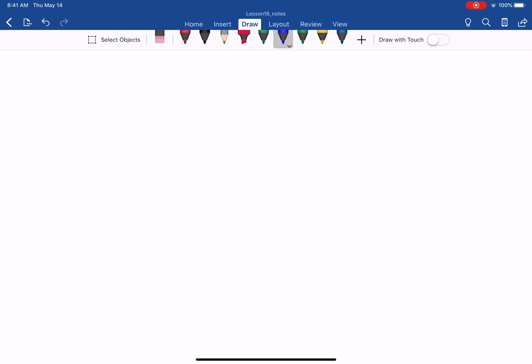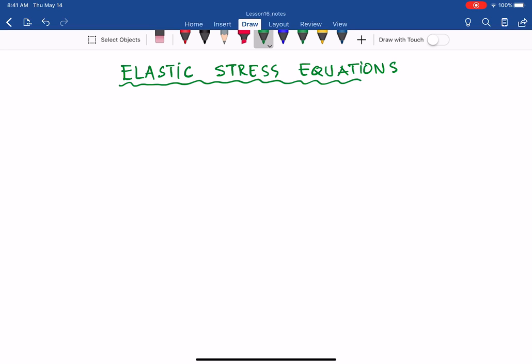So let's write down here. We have an elastic stress equation. Again, this is nothing new. We already learned that throughout the semester, but try to summarize what we have.